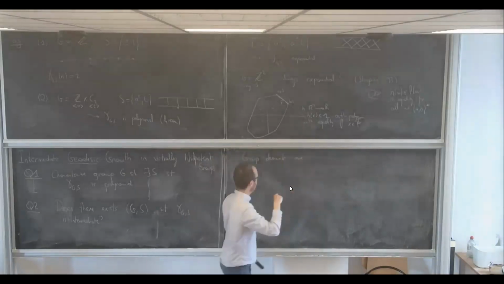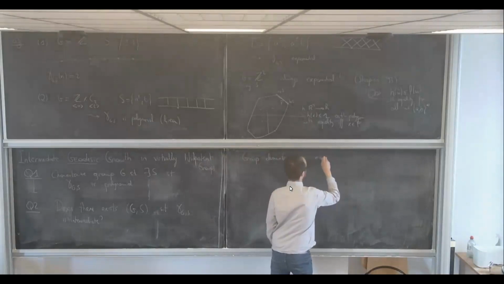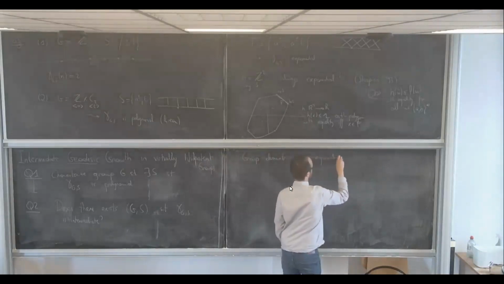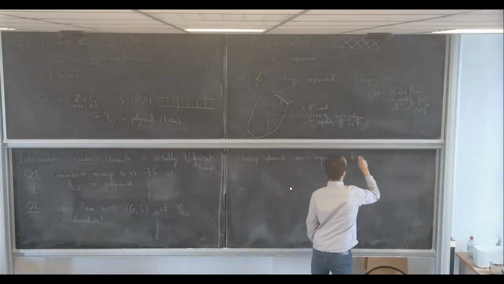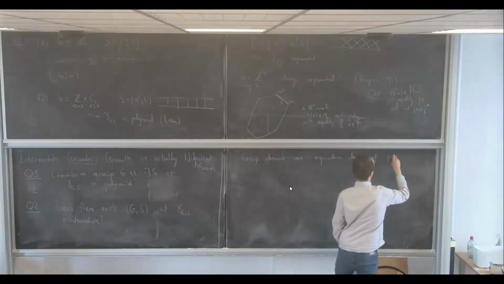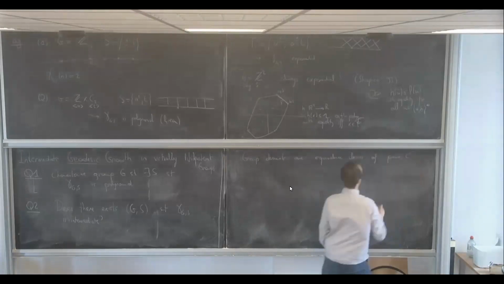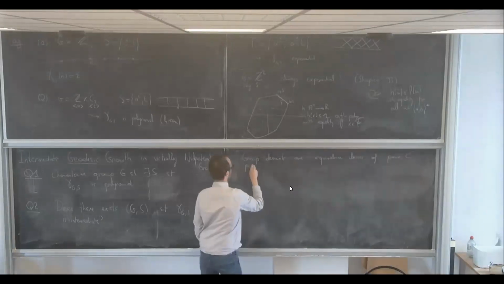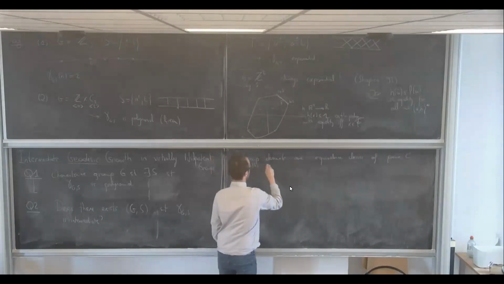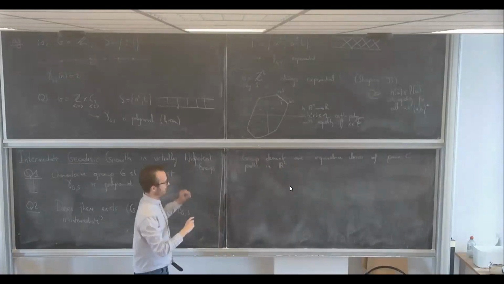Formally you want to think about them as equivalence classes of, let's say, piecewise C1 paths in R4.